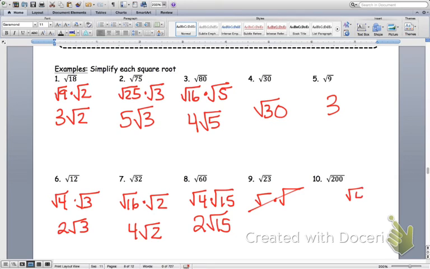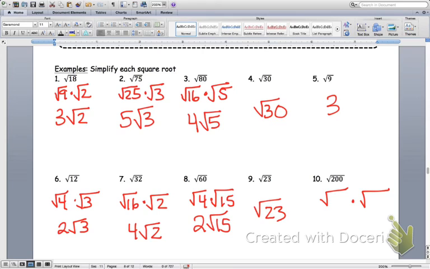Going down the list, 4 doesn't go into 23, 9 doesn't go into 23, 16 doesn't, and 25 is over. So no perfect square goes into 23. It's not a factor of it. So this just stays square root of 23. It's a non-simplifiable radical.